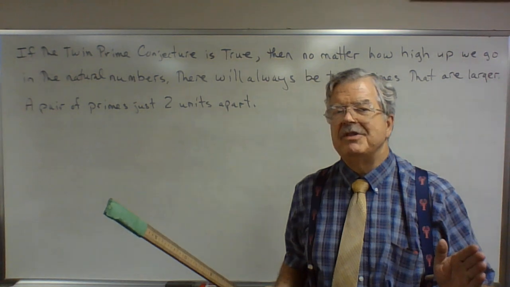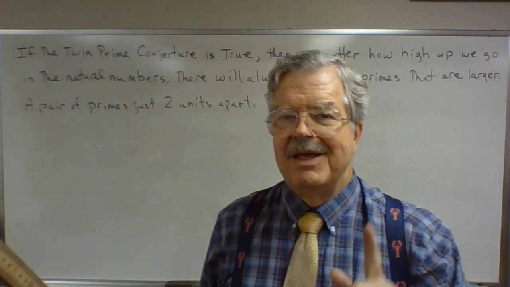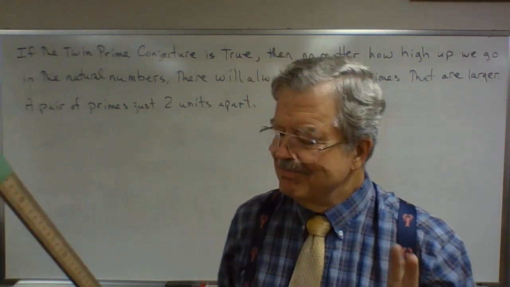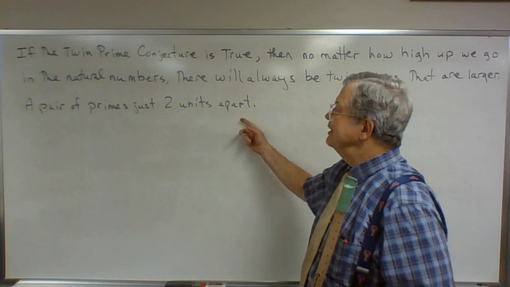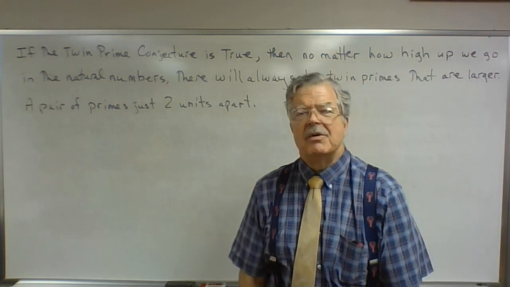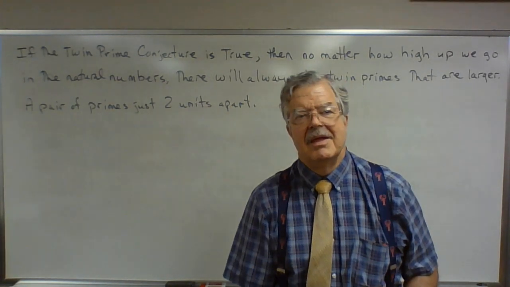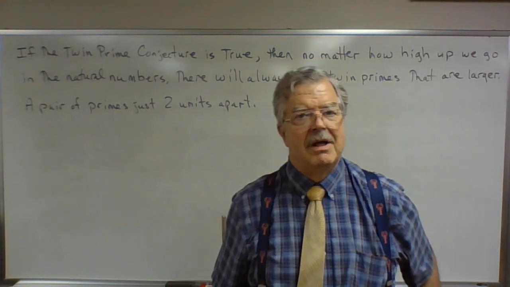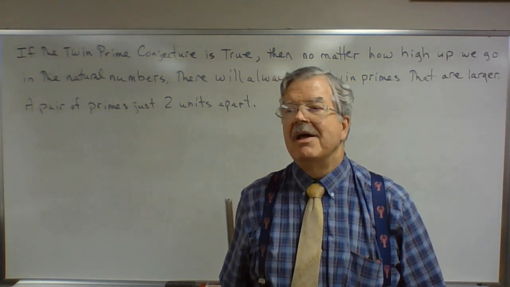And yet, something that's almost the exact opposite is true at the same time. You'll like this. We can always find a pair that's just 2 units apart, and we think, well, primes have to be fairly close together then.